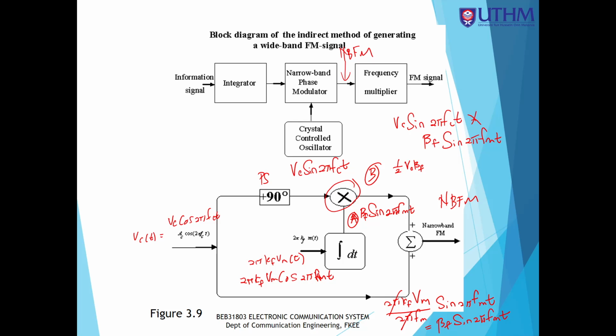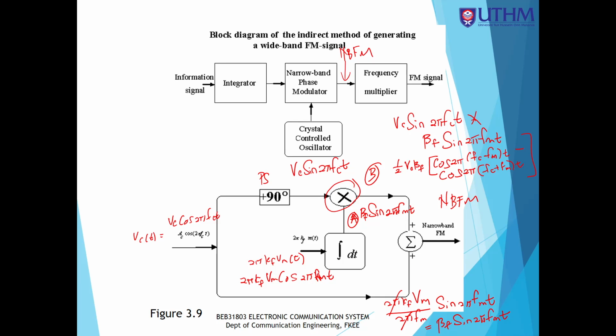Darabkan dengan cos 2 pi FC tolak FM T. Sin and sin you will get minus, ini minus cos 2 pi FC plus FM T. Okay, di sebelah sini adalah cos.